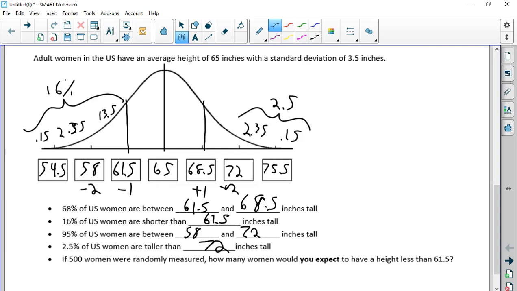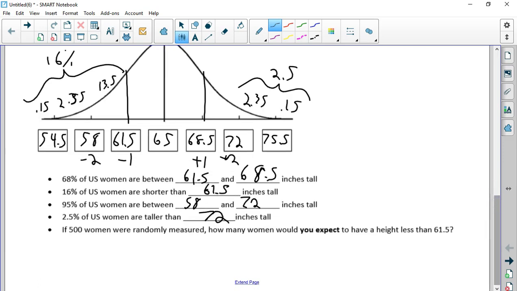Now, it says if 500 women were randomly measured, how many would you expect to have a height less than 61.5? Well, it just says right here, 16% of women are shorter than 61.5, so we're going to take 500 times 0.16.